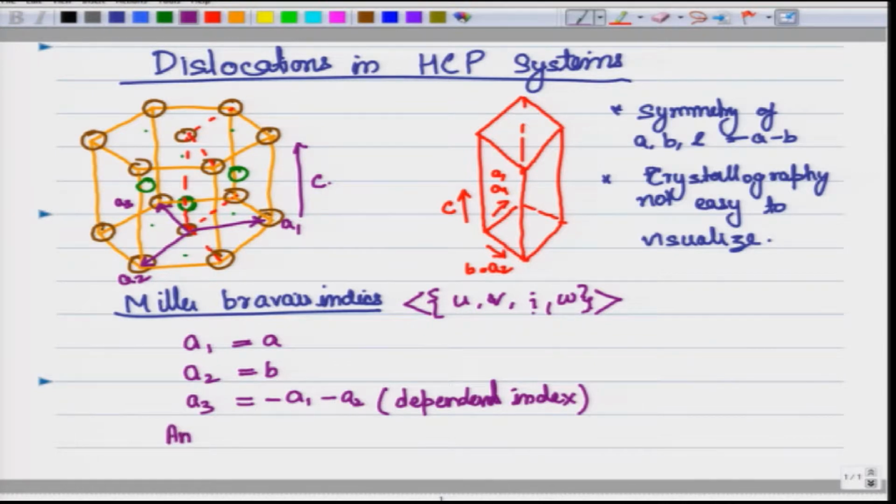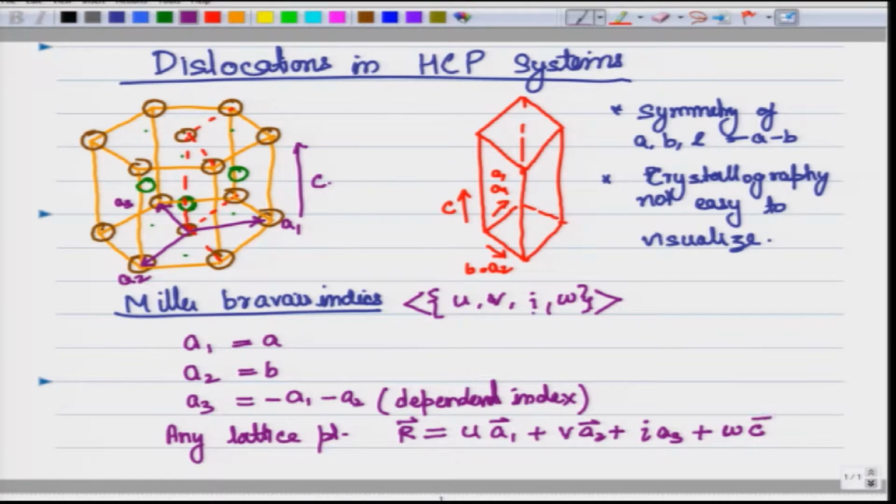Therefore, any lattice point can be indicated by H A1 plus K A2, or since we used U V W, let me put U A1 plus V A2 plus I A3 plus W C. This is the way to index a point here, and as we have already seen, I is such that U plus V plus I would be equal to 0. That is the way we have defined it.